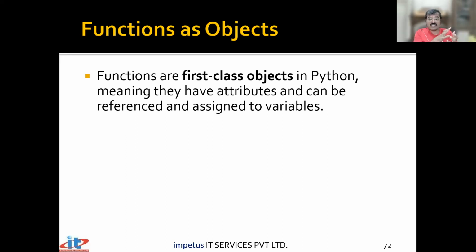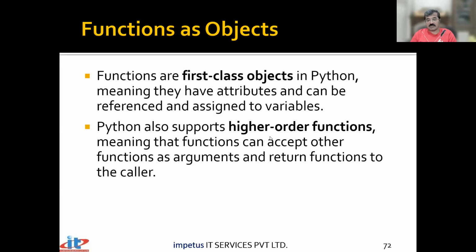I can store a function into a variable. I can pass a function to another function. I can return a function from a function. So we say functions are first-class citizens in Python, because we can assign them to other variables, return them from a function, and pass them to a function. That means all the things that you can do on your normal variables, you can do on functions as well.